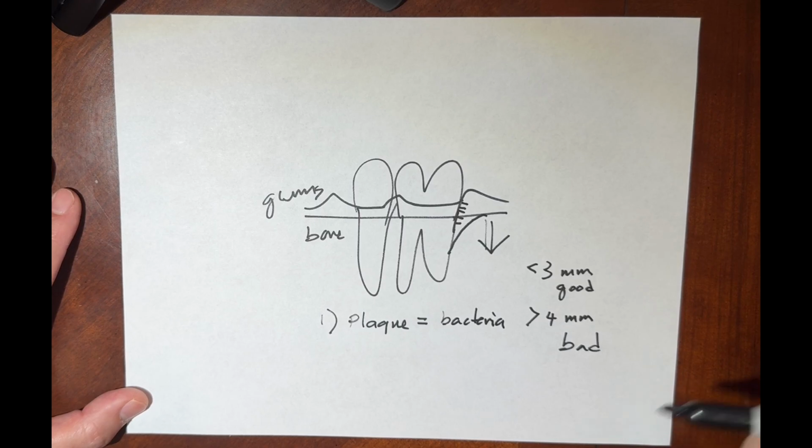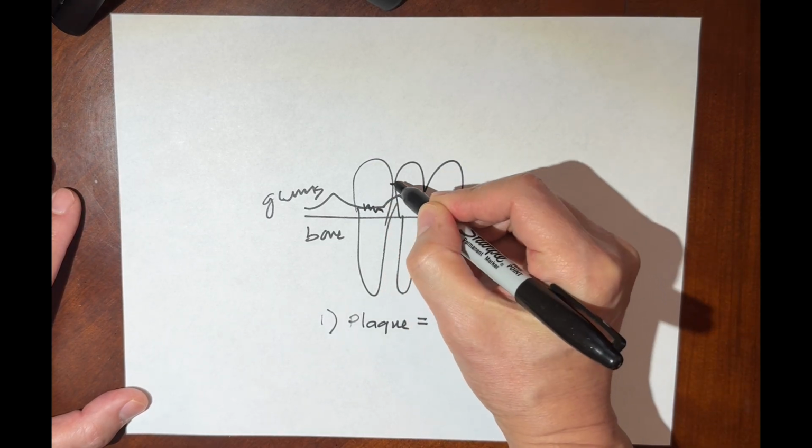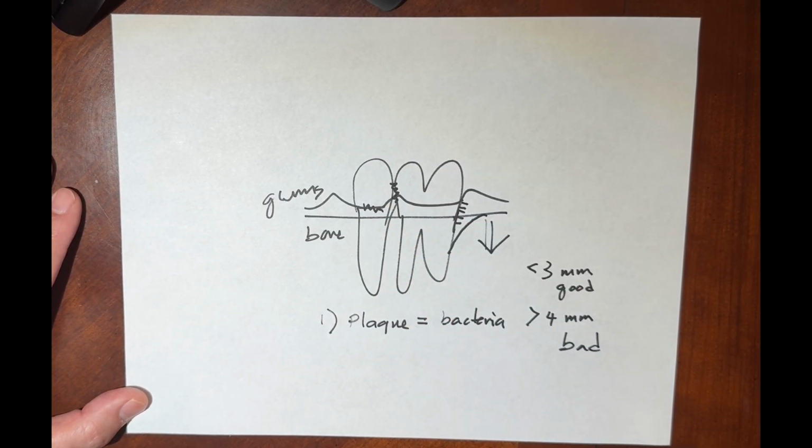And this bacteria forms everywhere in our mouths, and we do a pretty good job of removing it in most places, except right along the gum lines and in between the teeth. Okay? And that's why I just showed you how to brush along the gum lines and how to floss, because this is a critical part of removing the source of the infection that's causing your bone loss.